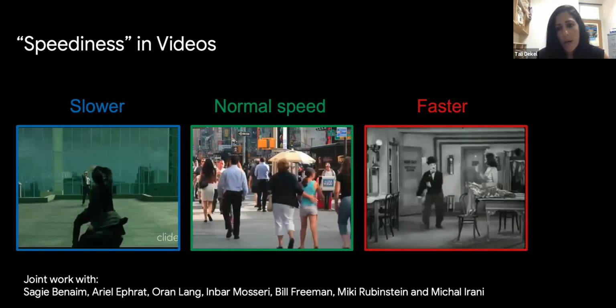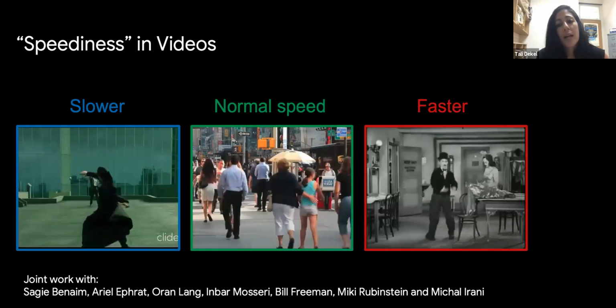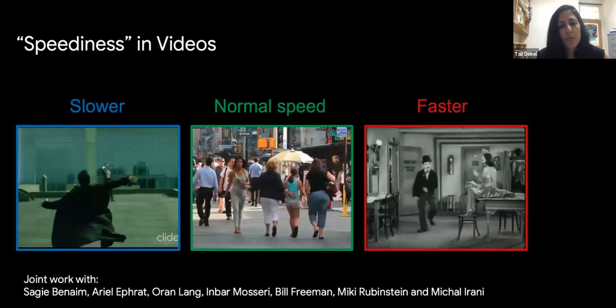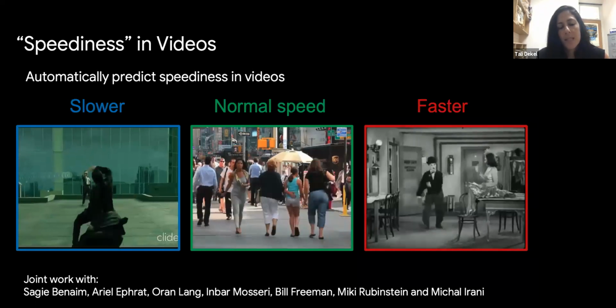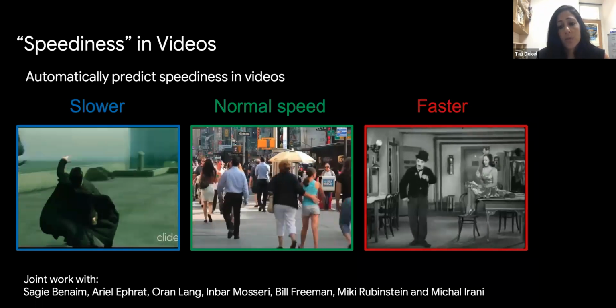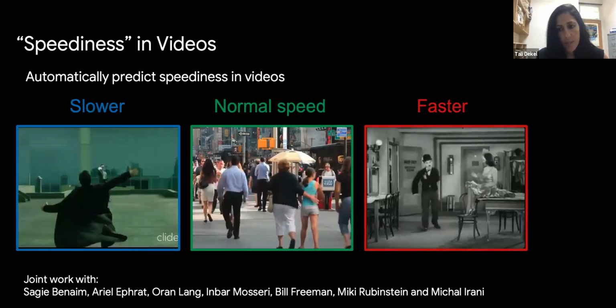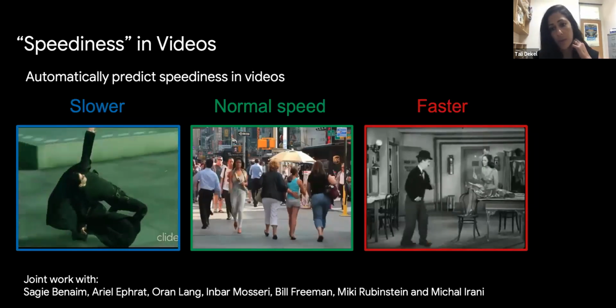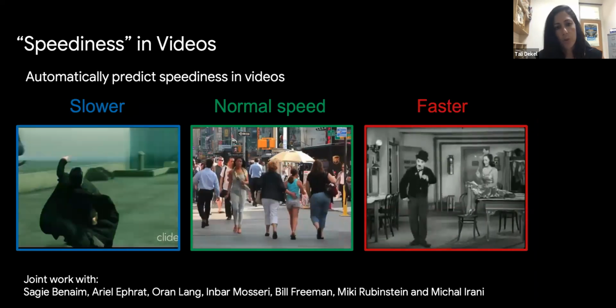Why can we do that? We simply watch people move in the world, and we have prior knowledge about their natural rate of motion. So in this work, we want to predict speediness in videos automatically. Once we have such a model, we can use its predictions to adaptively speed up a video and for other applications, as I'll show later in the talk.